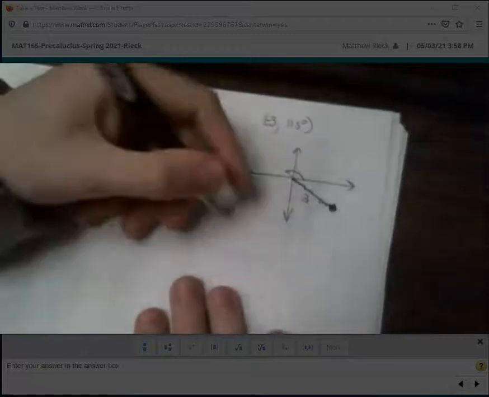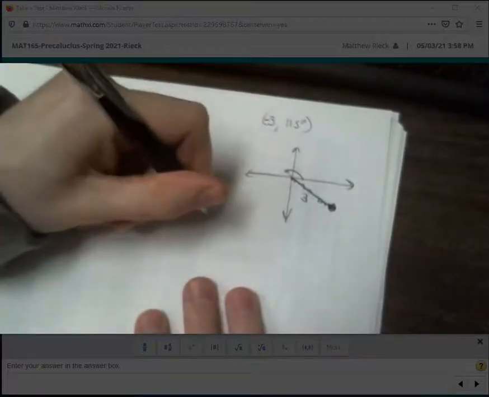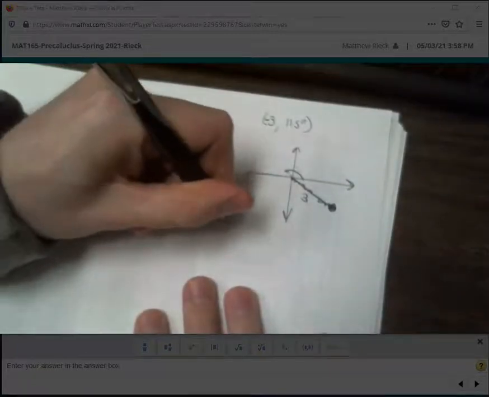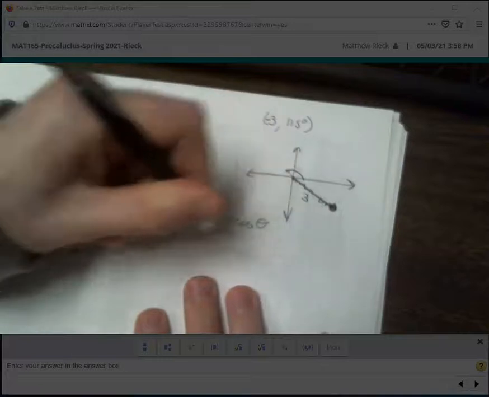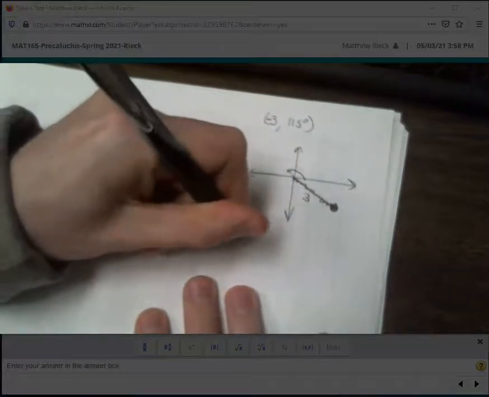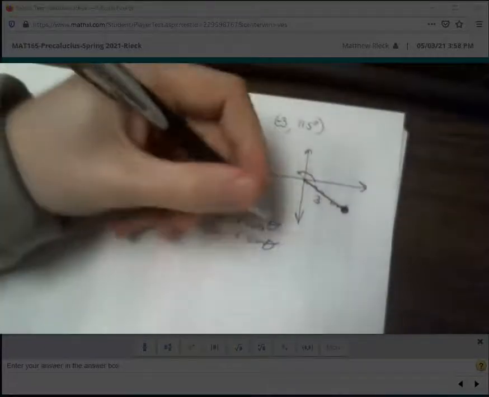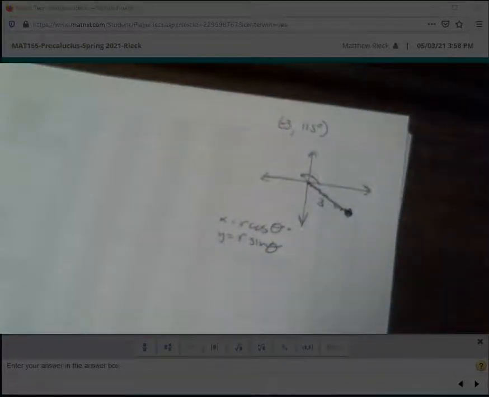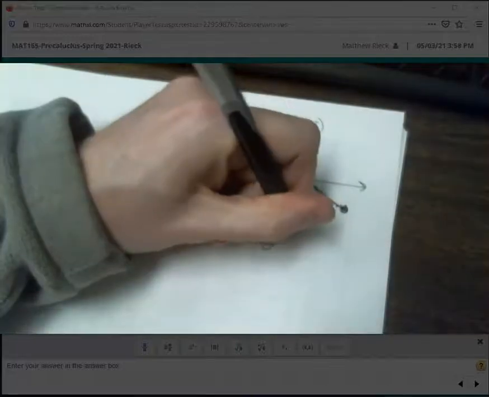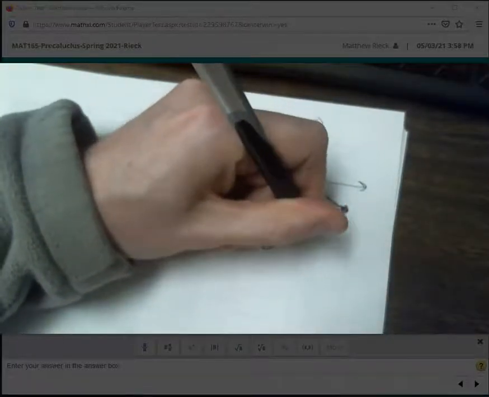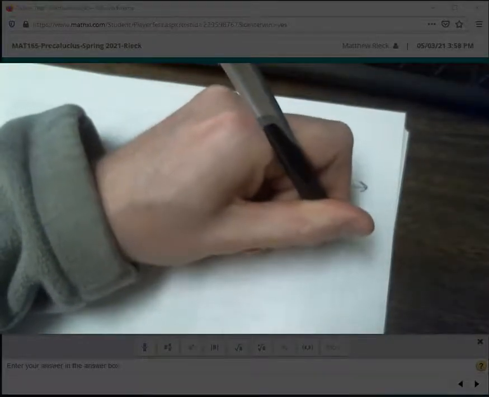All right. So to find the coordinates, we can use the fact that x equals r cosine of theta and y equals r sine of theta. In this case, my r is -3, and my theta is 115. So my x is going to be 1.2679.